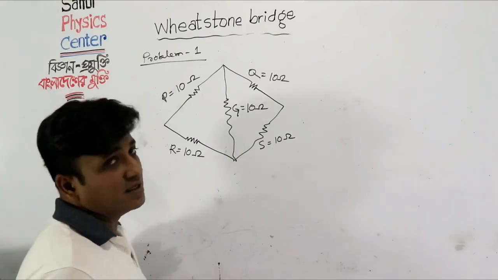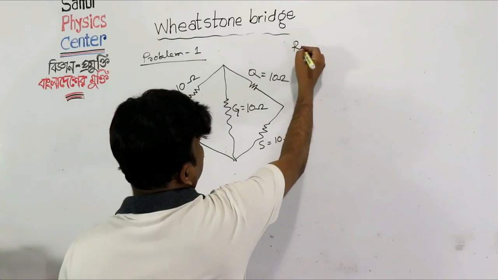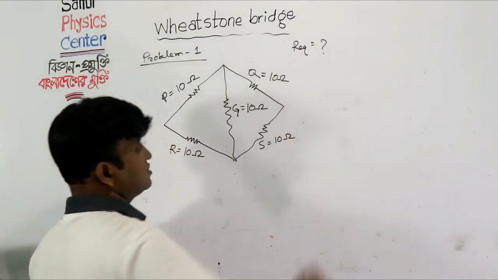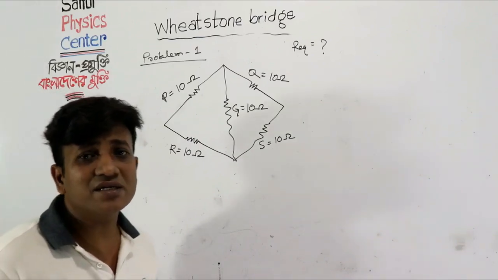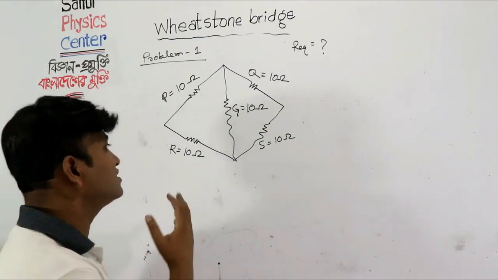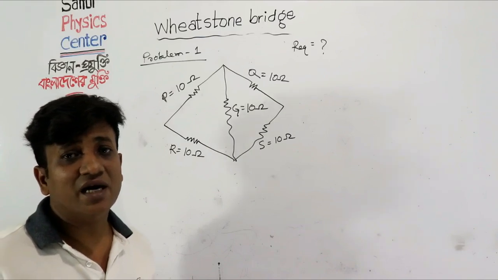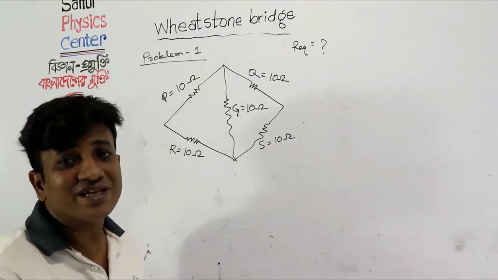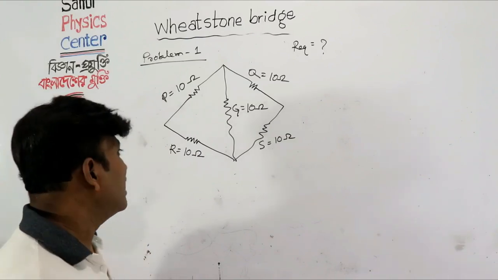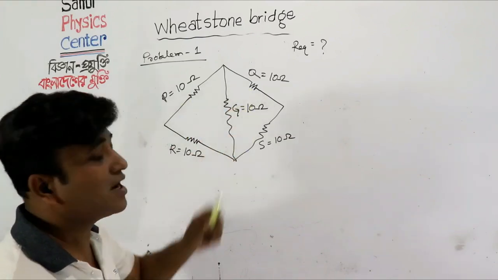What is the equivalent resistance R equivalent? We have to calculate it. We can calculate the equivalent resistance of this circuit by using the Wheatstone Bridge, because its configuration looks like a Wheatstone bridge. There are 1, 2, 3, 4, 5 resistances.